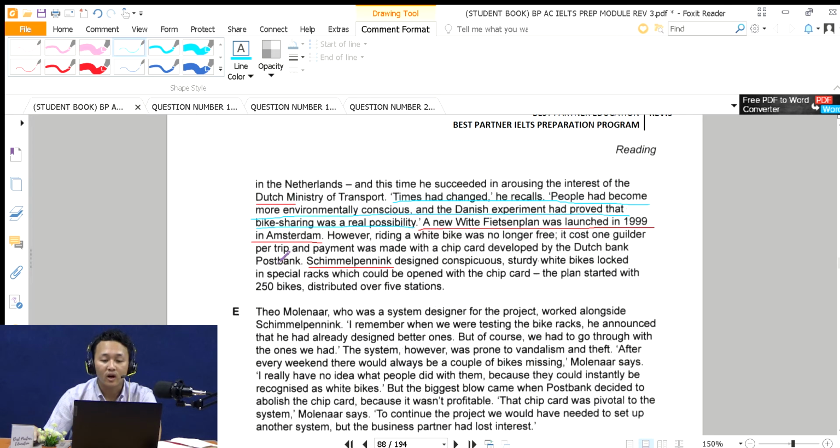It cost 1 guilder per trip, and payment was made with a chip card developed by the Dutch bank Postbank. Okay, so Simon Panning designed conspicuous, sturdy white bikes locked in special racks, which could be opened with a chip card. The plan started with 250 bikes distributed over 5 stations.